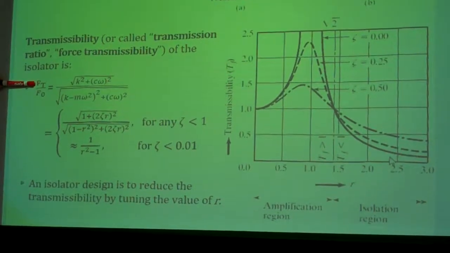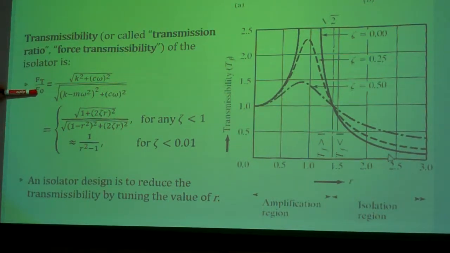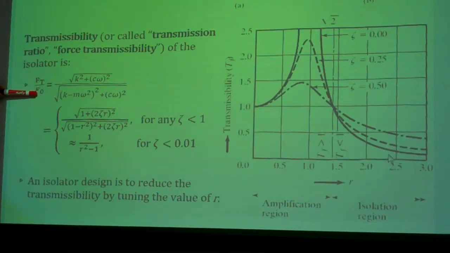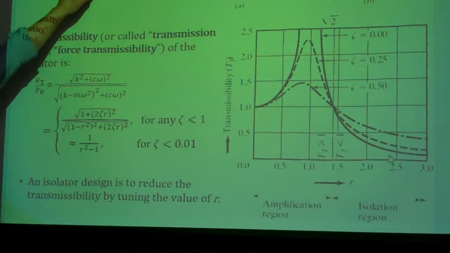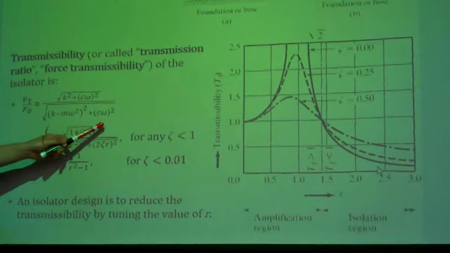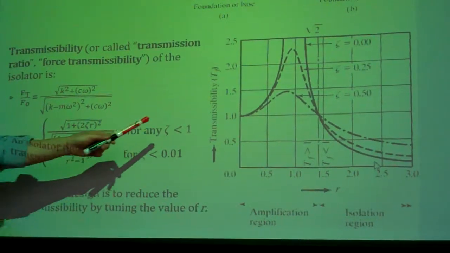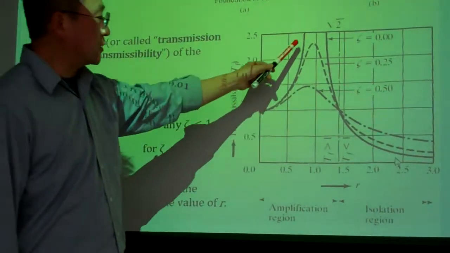Ft represents the magnitude of the force being transmitted to the ground. F0 is the magnitude of the given harmonic excitation. Okay, and that one can be expressed exactly by this term.